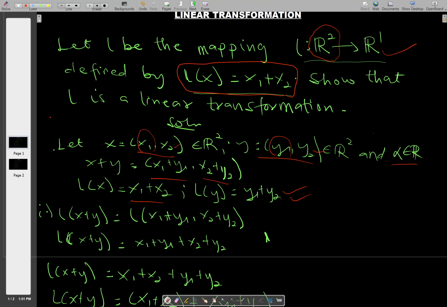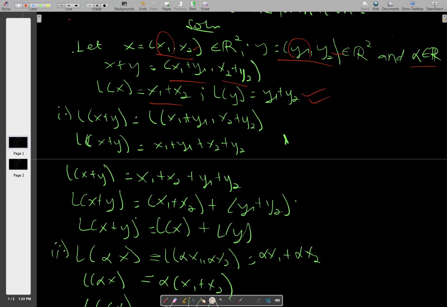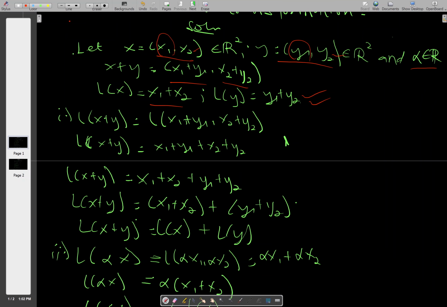Okay. So now let's consider vector addition. L of x plus y is given by L of (x1 plus y1, x2 plus y2). The whole of x1 plus y1 plays the role of our x1 in the definition, and the whole of x2 plus y2 plays the role of our x2.